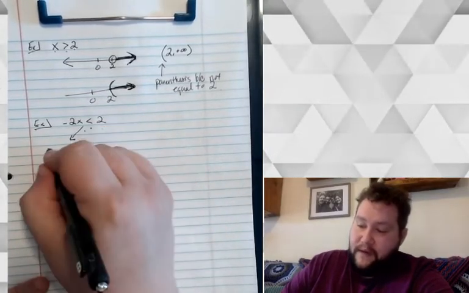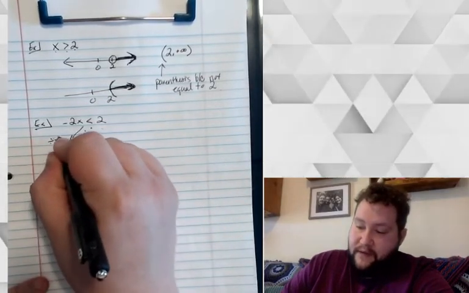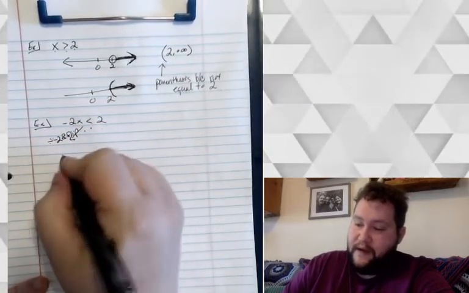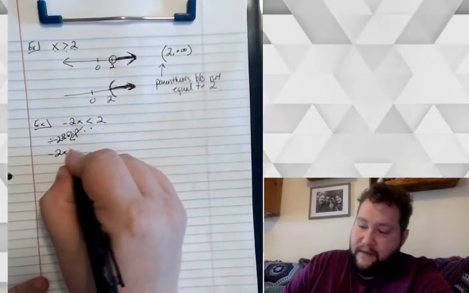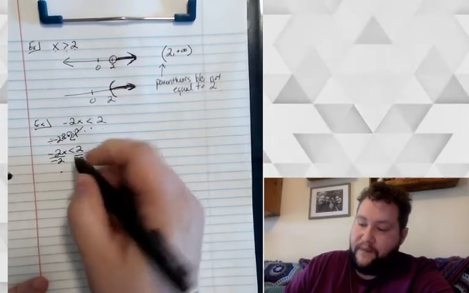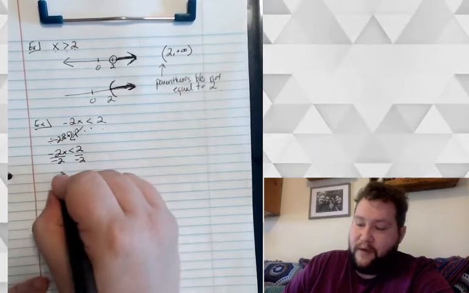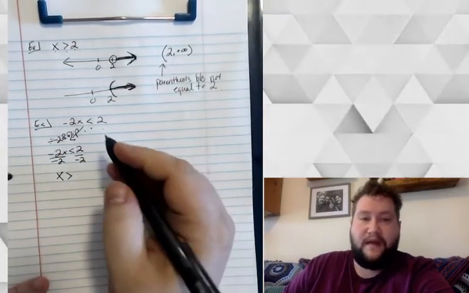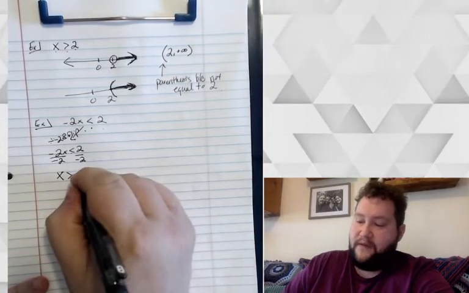So divide by -2 and flip. So if I have -2x is less than 2, divide both sides by -2. -2 divided by -2 is 1, so we just have x. This less than flips and becomes a greater than, and 2 divided by -2 is -1.